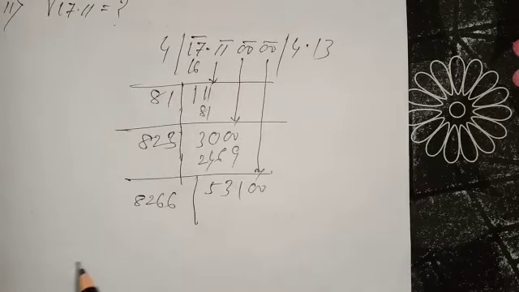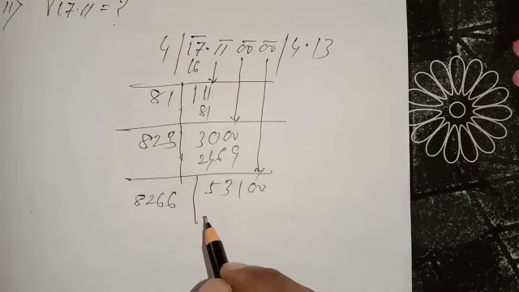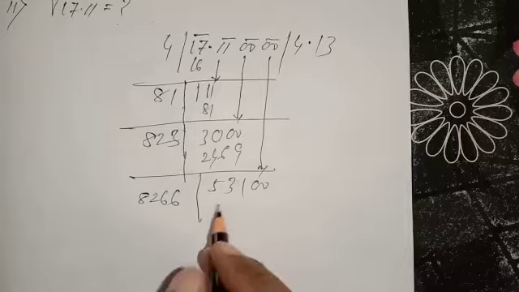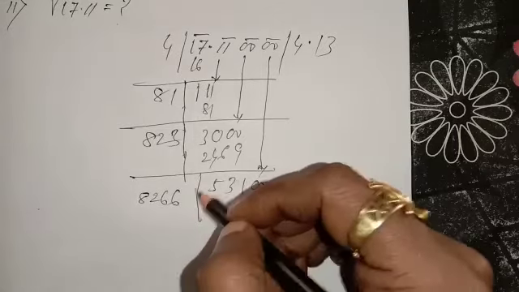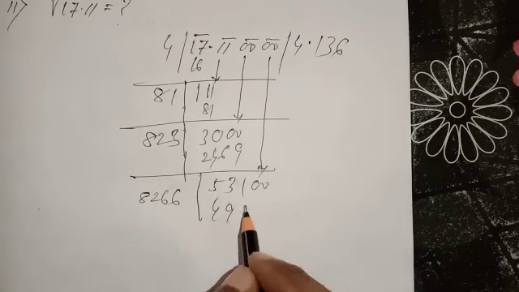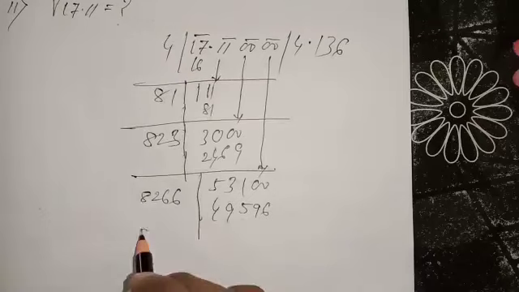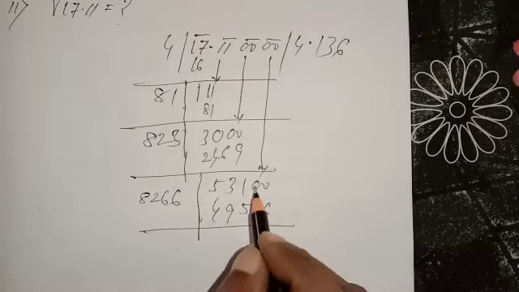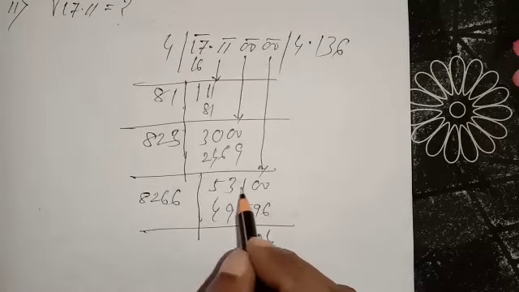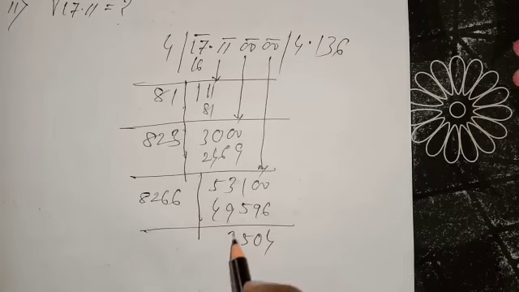6. Now multiply 826 into 6. If you multiply 826 into 6, it is coming 49596. Now subtract: 10 minus 6 is 4, 9 minus 9 is 0, 10 minus 5 is 5, 12 minus 9 is 3.